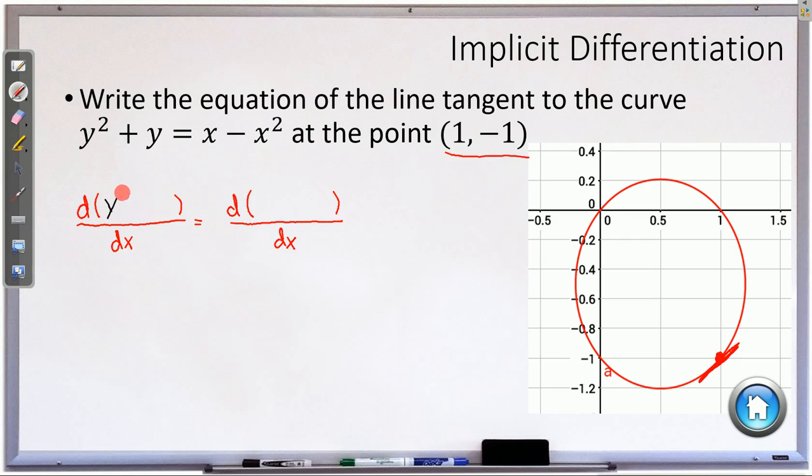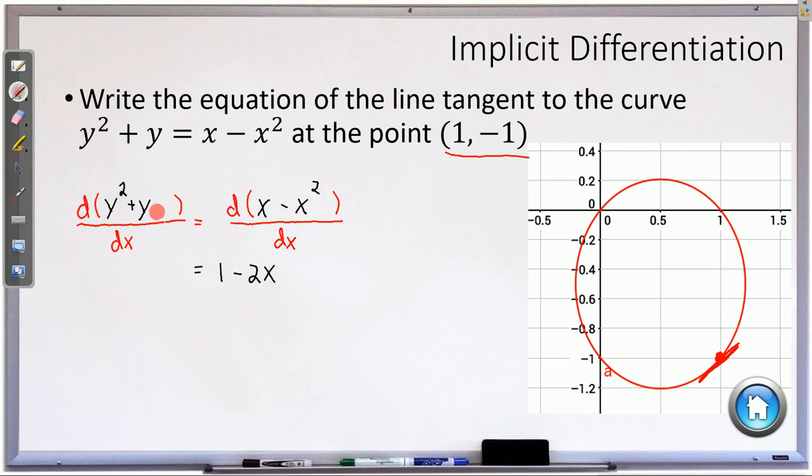So we have y squared plus y, and we have x minus x squared. Let's do the easy side first. The right side is all x's, and that's what we're familiar with. So the derivative of x is 1. The derivative of -x squared is -2x.